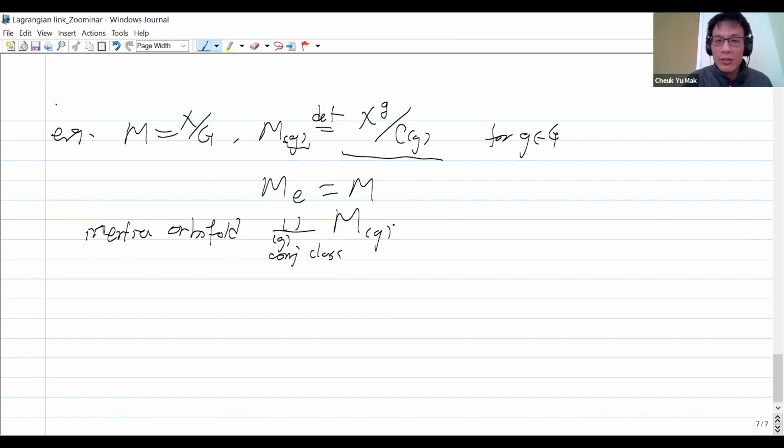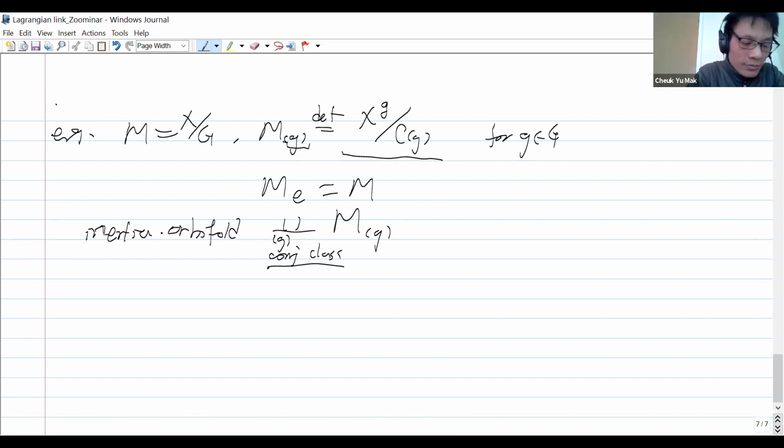If you pick two different elements in the same conjugacy class, they will define the same twisted sector up to isomorphism. So I only take a disjoint union over all conjugacy classes.